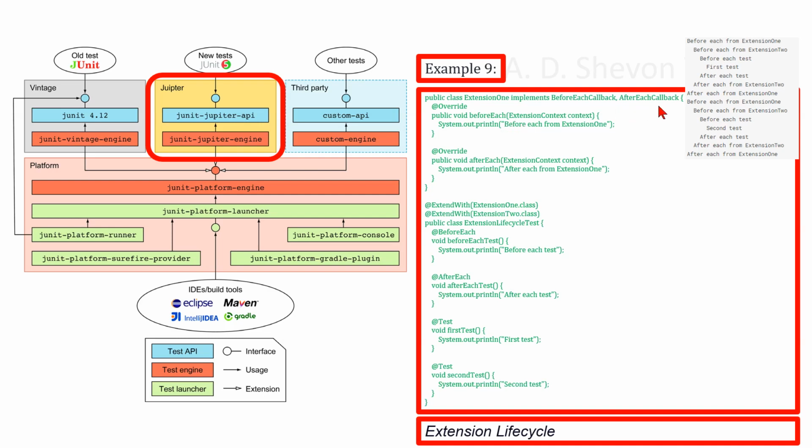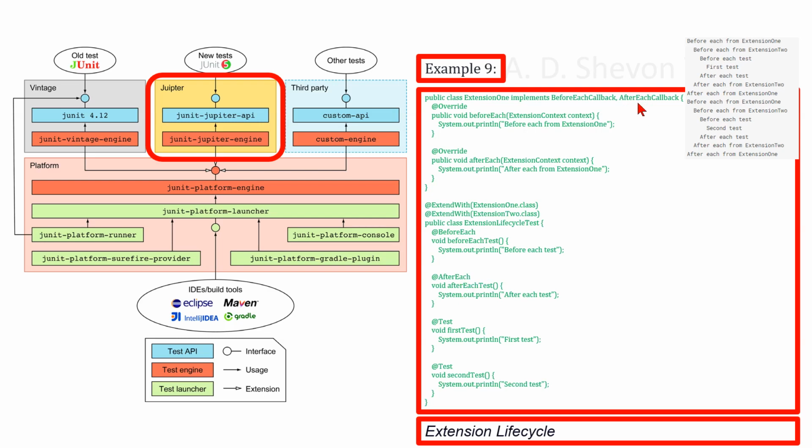Interface AfterEachCallback. AfterEachCallback defines the API for extensions that wish to provide additional behavior to tests after an individual test, and any user-defined teardown methods, for example @AfterEach methods, for that test have been executed.